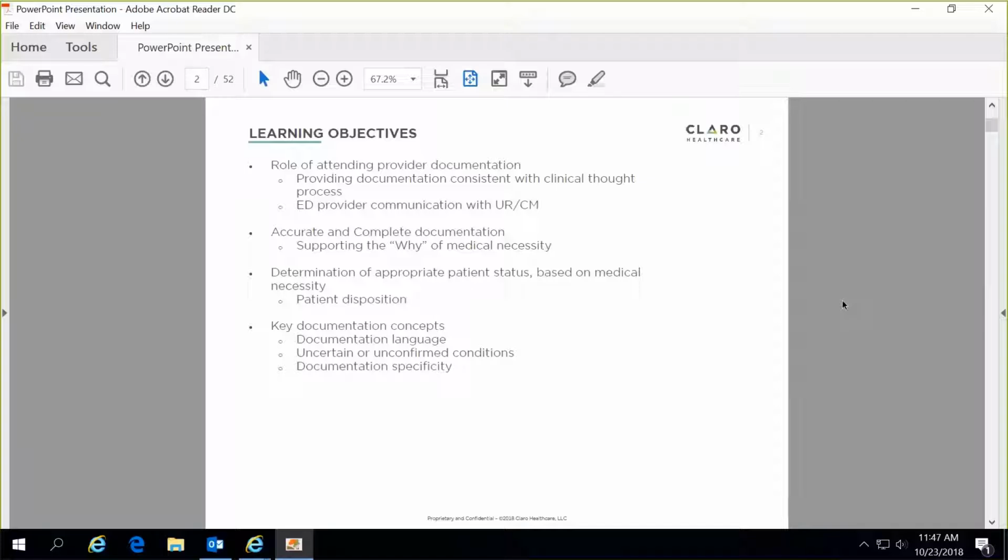We know that there's sometimes a gap between clinical thought and what we can capture in coding. It is a gap, and that's why we have CDI to help fill that gap, and coders help fill that gap. Uncertain and unconfirmed conditions, documentation specificity, how important that is in patient status. So this is totally about patient status, but we know that the documentation supports the accurate patient status.